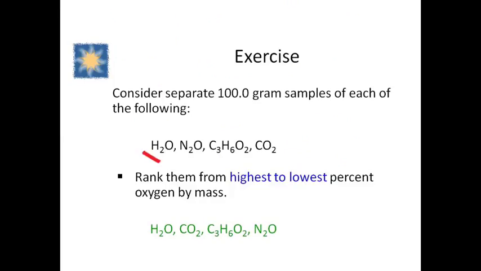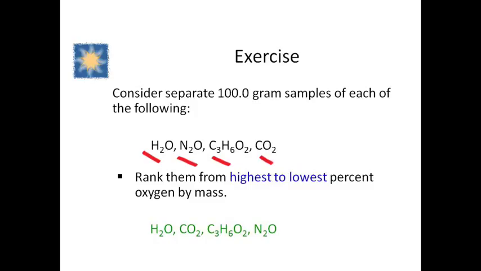Let's do this exercise just to kind of give you a little practice before you come to class tomorrow ready to do these problems. We have 4 compounds here: water, laughing gas N2O, C3H6O2, and carbon dioxide.